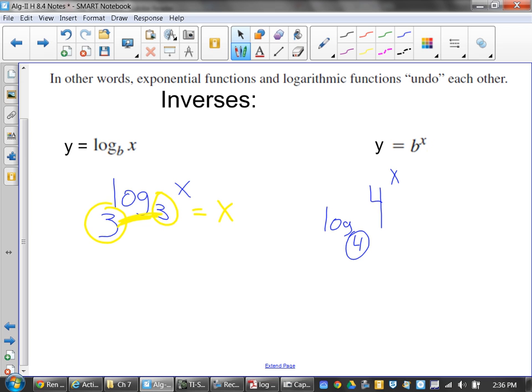Again, these two values are both bases in and of themselves, and they undo one another. And what are you left with? You're left with x. What we're doing here, guys, is we're trying to have the same basis, whether it's exponentiating by putting it up, or just taking the log base of both of them.